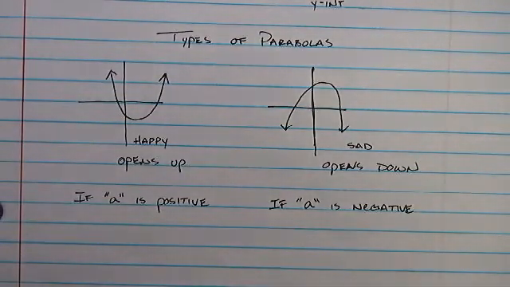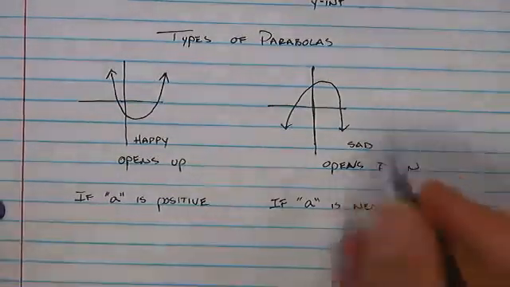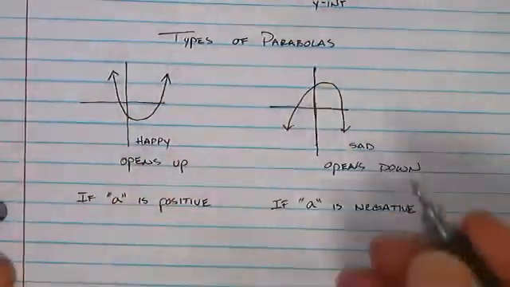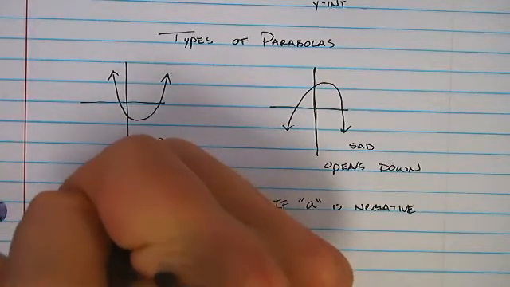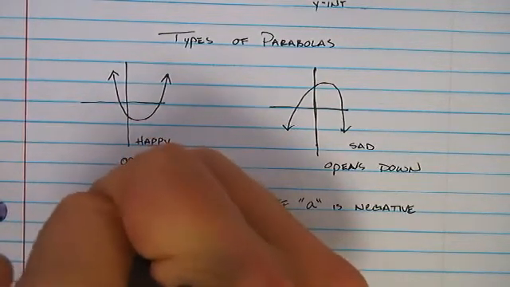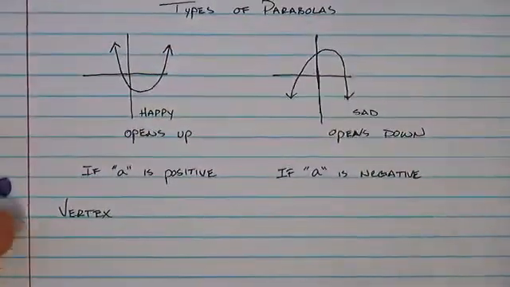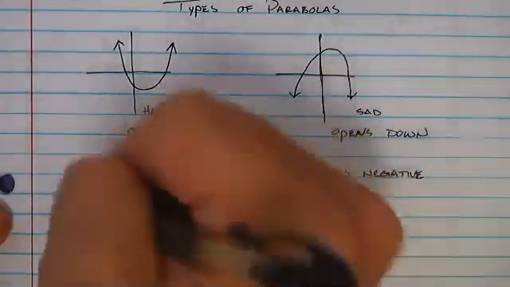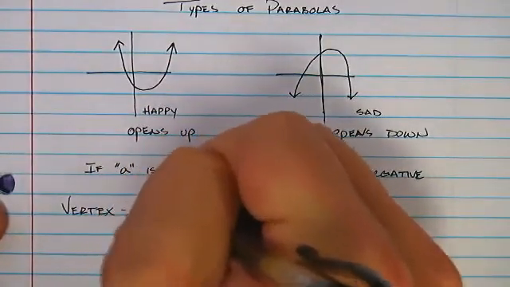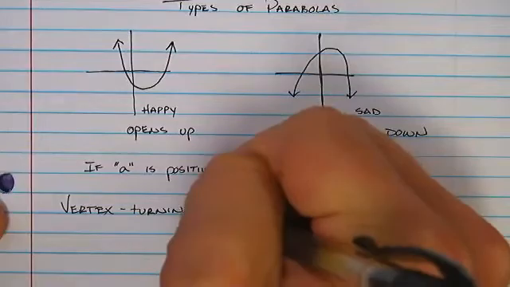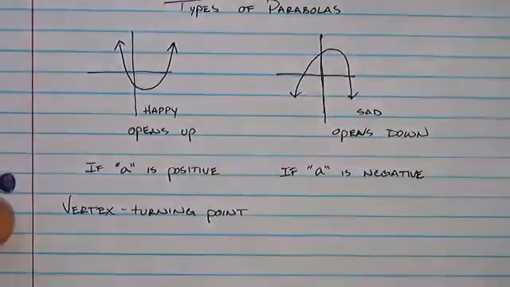All right. And then the next thing we have to talk about is the vertex. And the vertex can be one of two things, right? What is it? Well, it's the turning point. But what can it be?